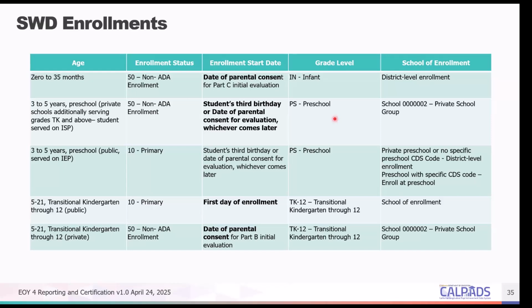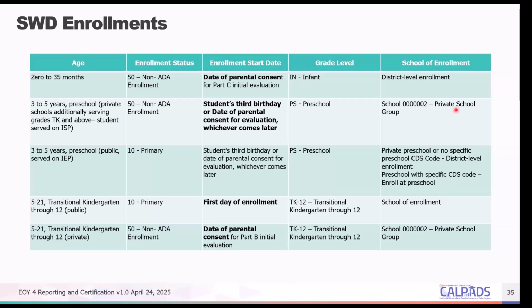Before, preschoolers were automatically 10, right, regardless of what scenario they were in. However, there are exceptions, and this is one of them, and it was implemented, I think, 2 years ago or a year ago. So if you have a student 3 to 5 years old who is in a private school additionally serving grades TK and above, and the student is served on an ISP, you report a 50 enrollment, and then the enrollment start date would be their third birthday or the date of parental consent for evaluation, and then you have your preschool, and then report them as a 002.